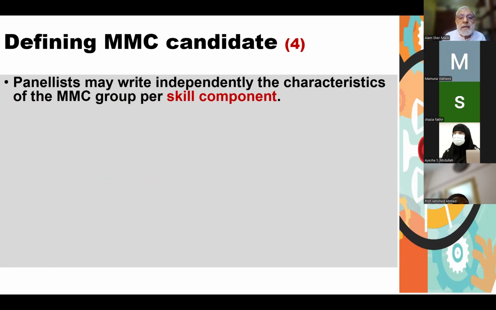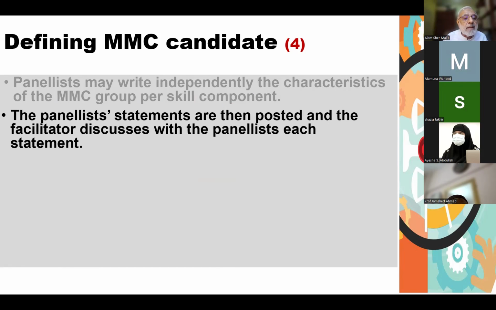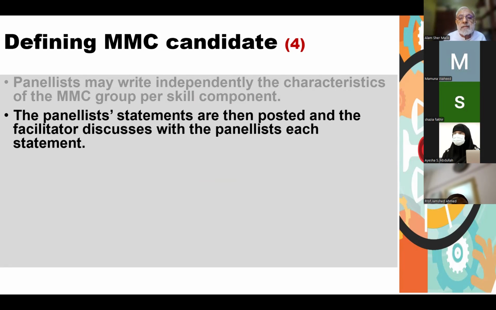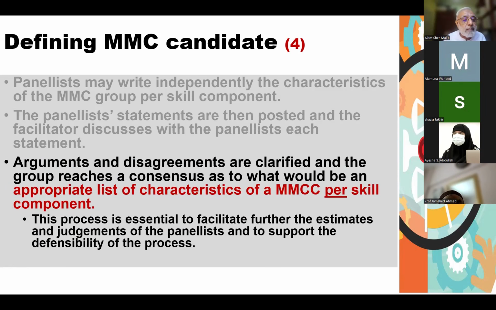Panelists may write independently the characteristics of the minimally competent group per skill component, and the panelist statements are then posted and the facilitator discusses each statement with the panelists. So everybody writes their opinion and then they discuss, and the discussion is facilitated, and then they come to a conclusion.